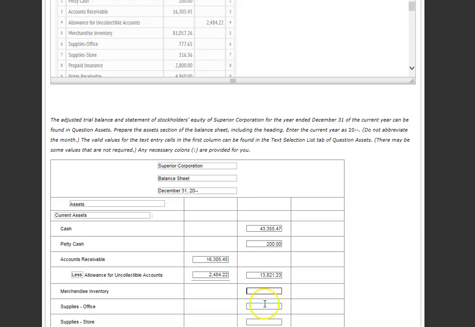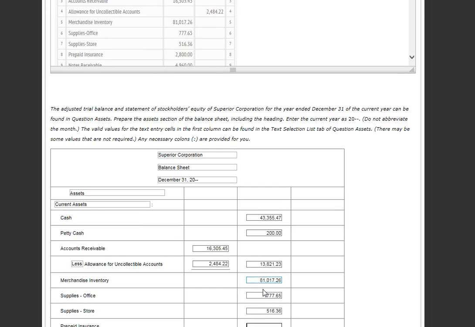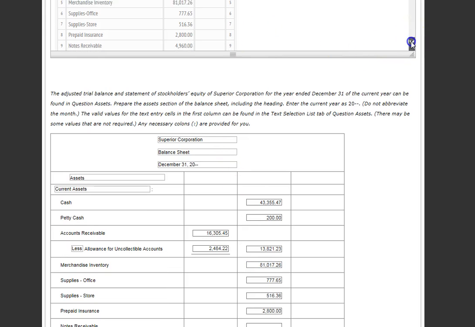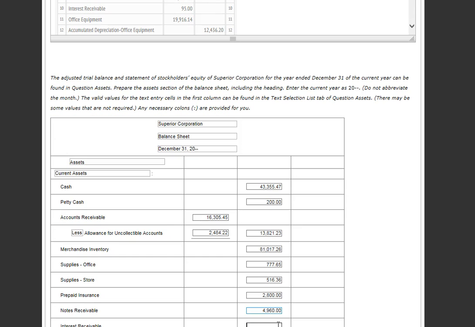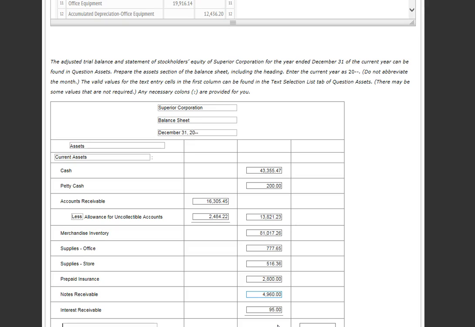Merchandise inventory, 81. Supplies office, supply store, prepaid insurance, can't read it anymore, notes receivable, interest receivable. Okay.